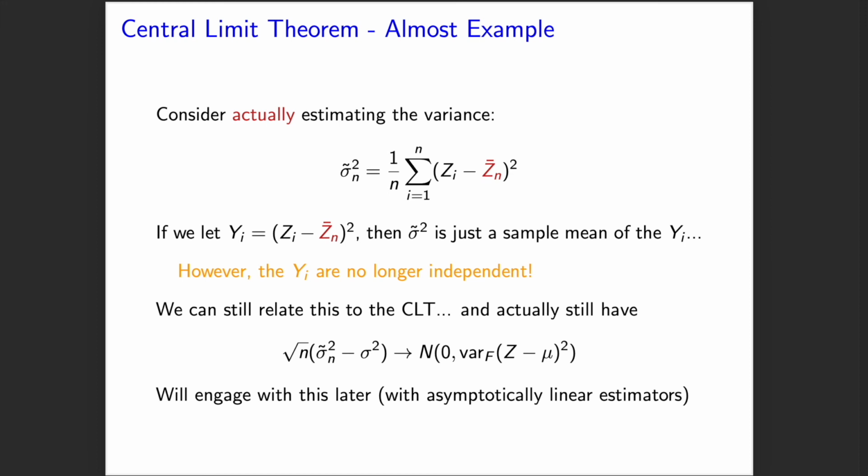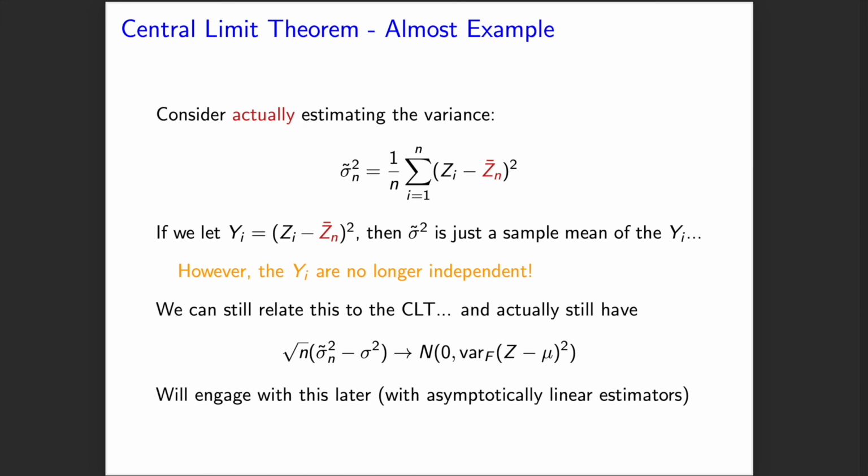And we're going to run into a lot of these so-called almost examples that we're then going to have to do some work to relate them so that we can use the central limit theorem. And in fact, there's going to be something called asymptotic linearity that will give us a framework for doing that quite generally.